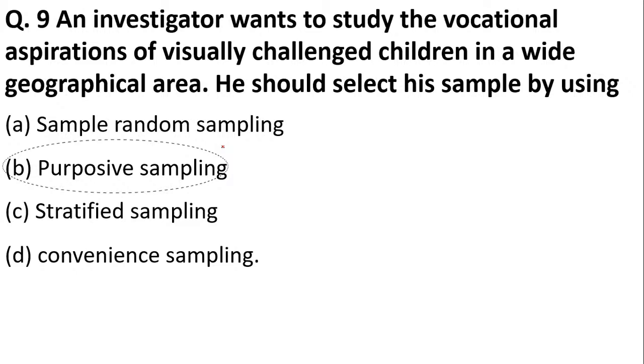Because you want to see children that are visually challenged or impaired, purposive sampling is used, because we have to find a special characteristic in that sample. We cannot take students who can see, because our target is visually challenged children. So that is what purposive sampling is all about.